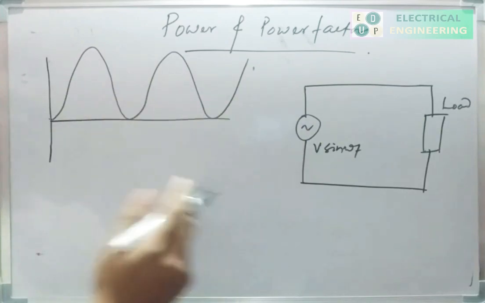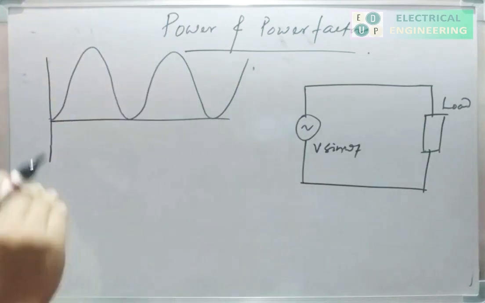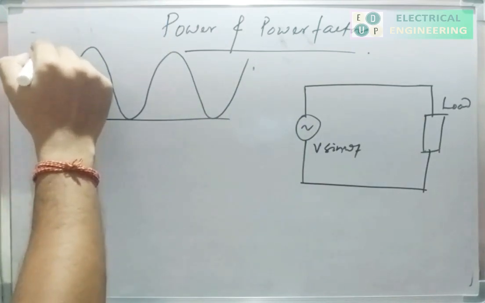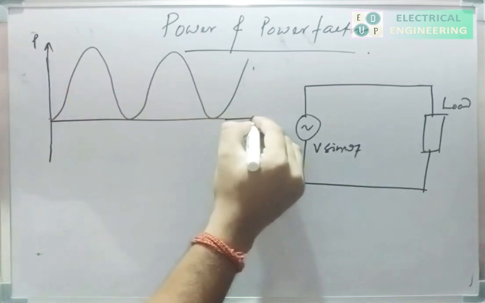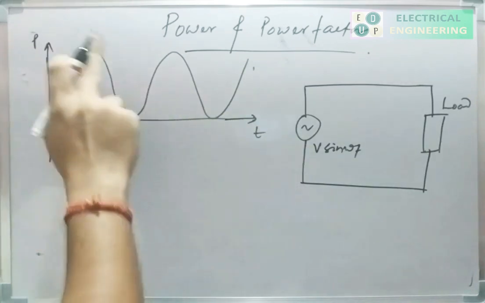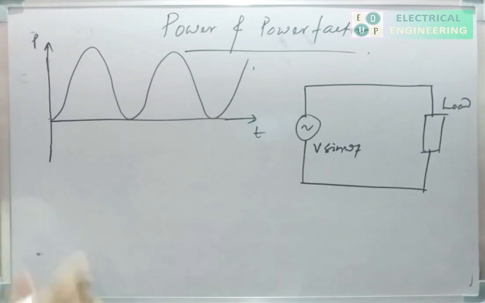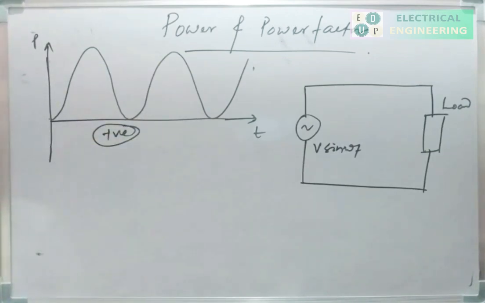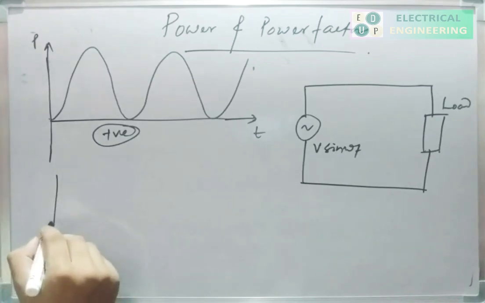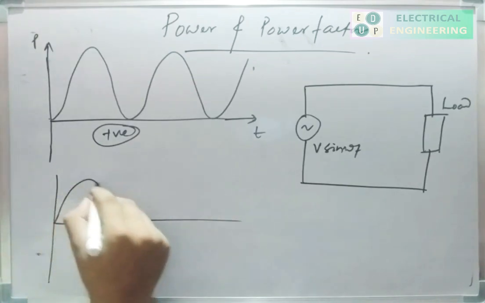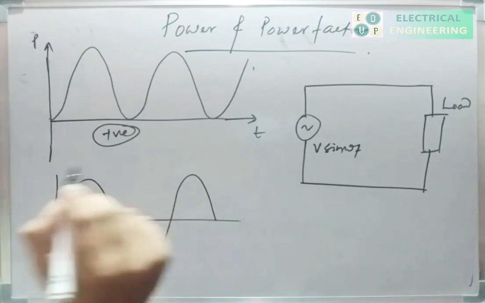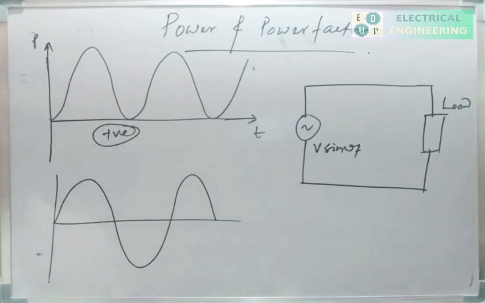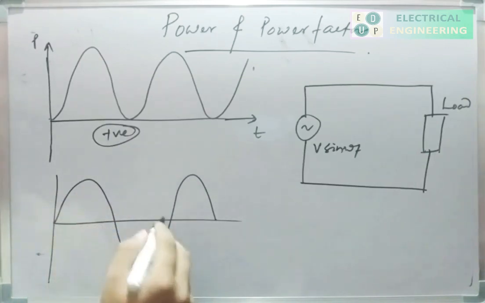It has no negative value. Active power is always positive. But if I draw the waveform for reactive power, it is a pure sinusoid, a pure sine, and here you can get positive and also negative values.